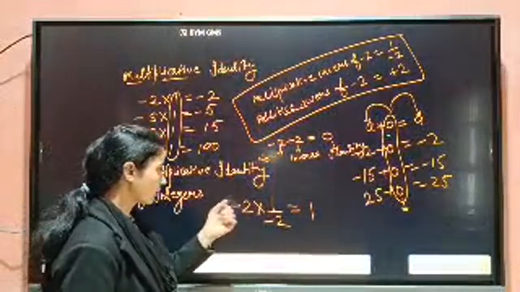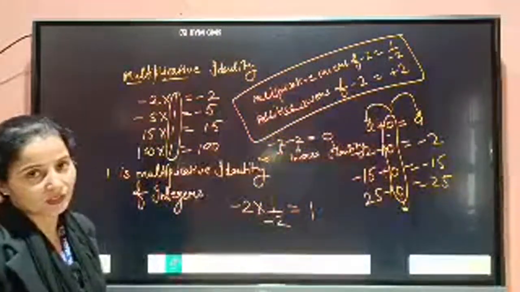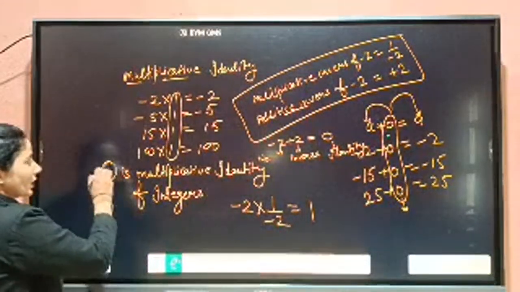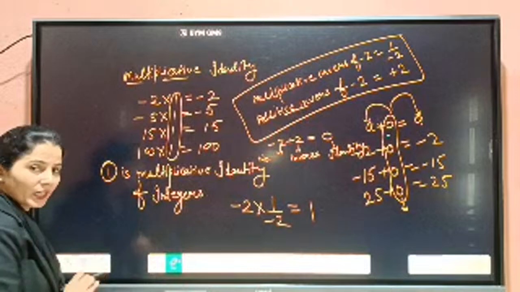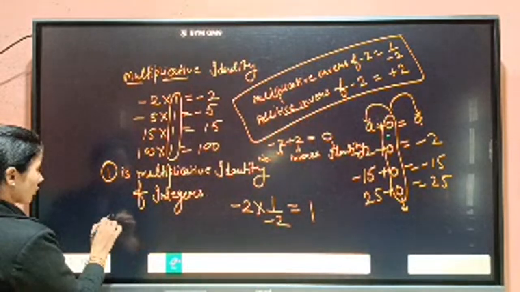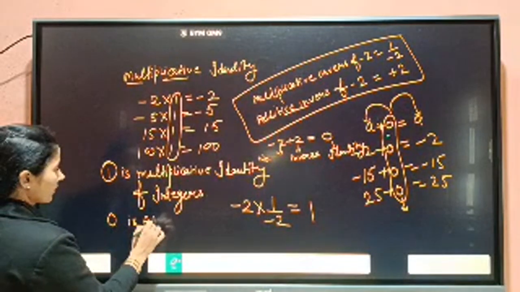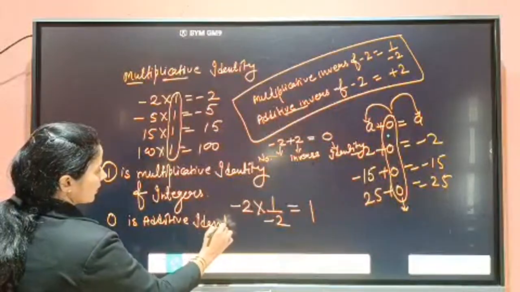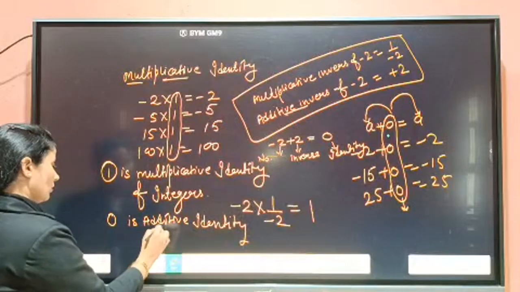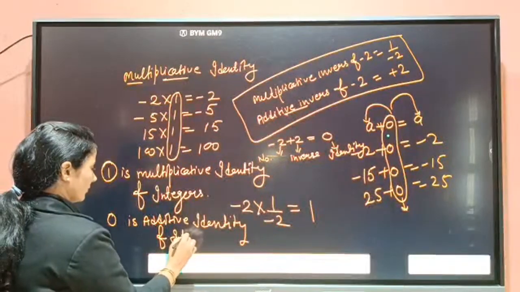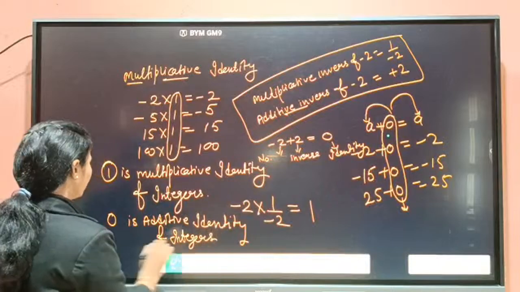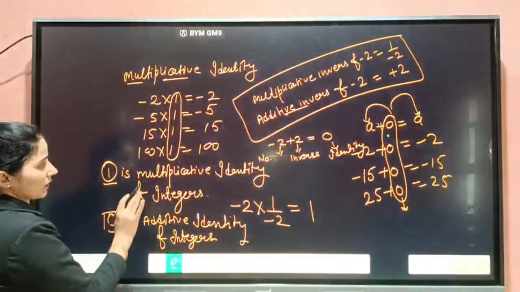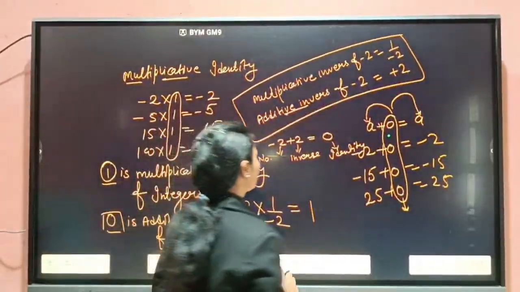Minus 2 and minus 2 will be cancelled and the answer is 1. So 1 is the multiplicative identity of integers and 0 is the additive identity of integers.